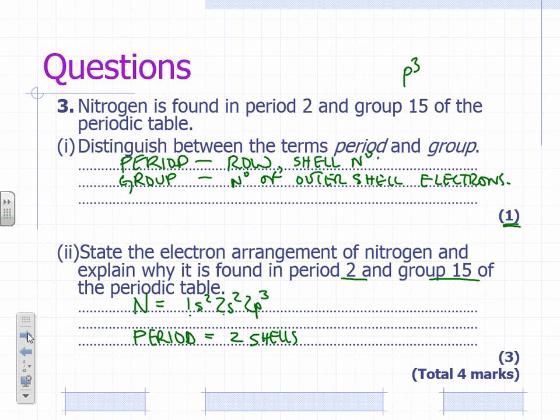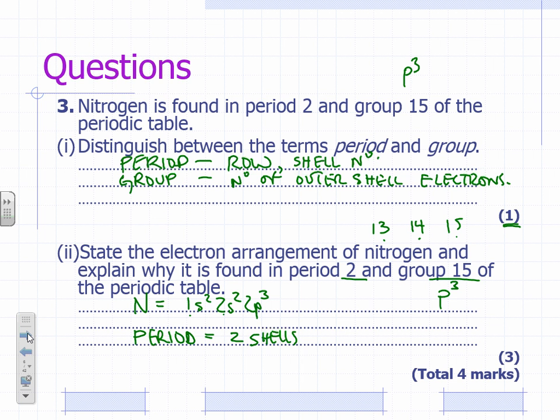Why is it in group 15? Group 15 meant that it was the third element, because don't forget the first is group 13, then there's group 14, then there's group 15. So it's the 1, 2, third element in the P block.